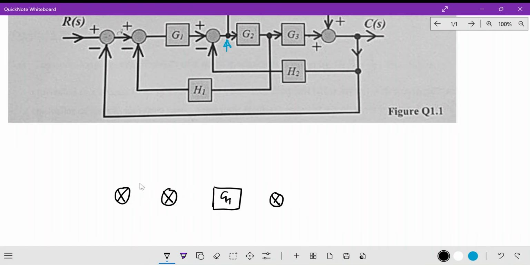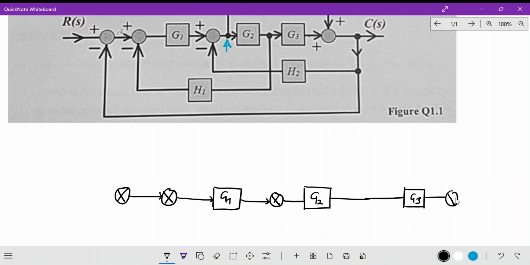So let me just connect these first, in that direction. And then you have a block G2, and then you have another block G3. And then we have a summing point here.